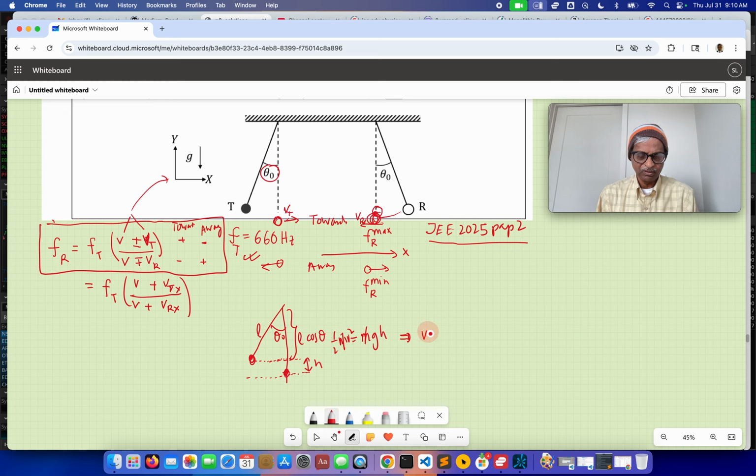This gives v as the square root of 2gh, and h is L minus L cosine theta, so this is just the square root of 2gL times 1 minus cosine theta, and this is theta 0.